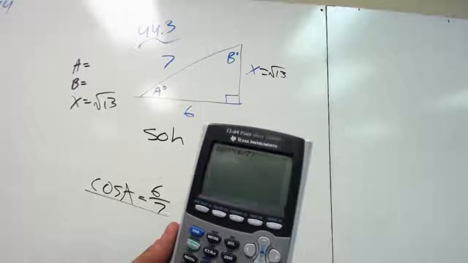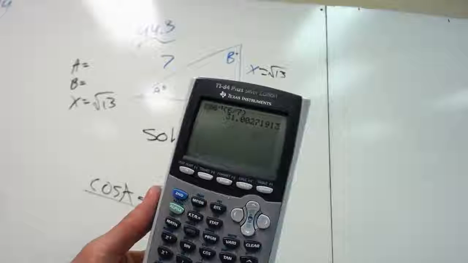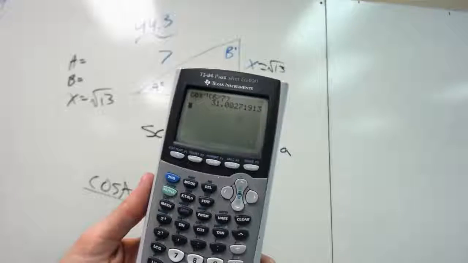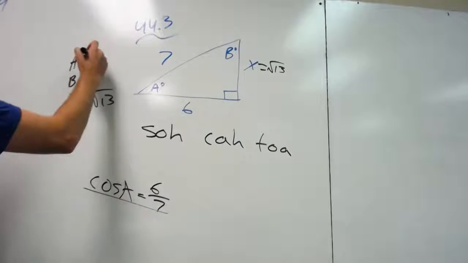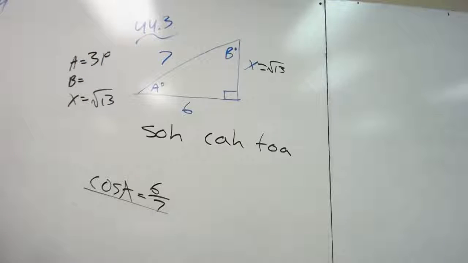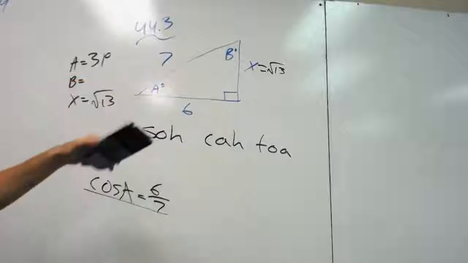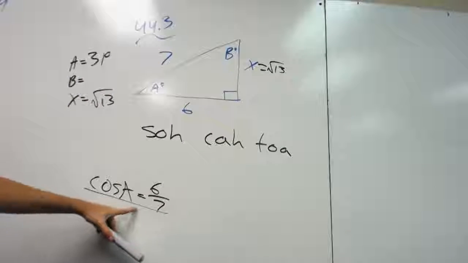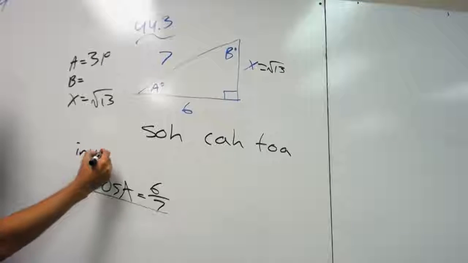Second cosine, once again, is inverse cosine. And that gives us 31 point all that. So 31 degrees would be A. But key being, when you're finding an angle, you have to use inverse. When you find a side, you don't have to. But when you get something like this, that's when you use inverse cosine.